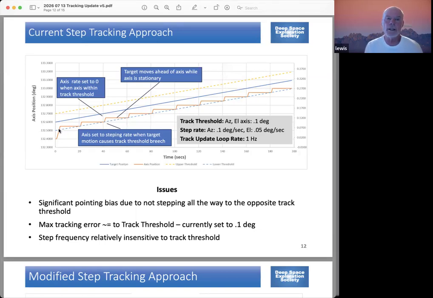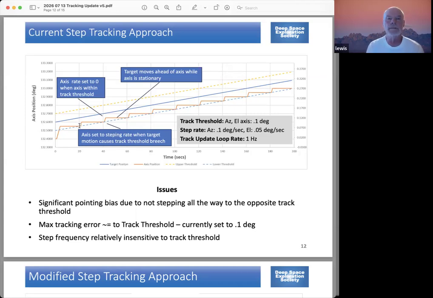Once it crosses that threshold, it turns the mount off and the object keeps moving along its slope. Eventually the error between where the mount is pointing and where the object is exceeds that threshold.